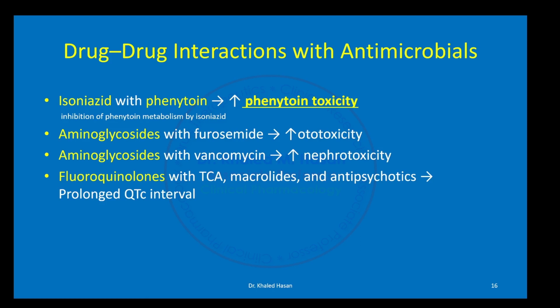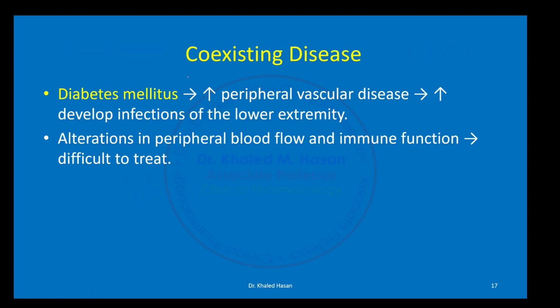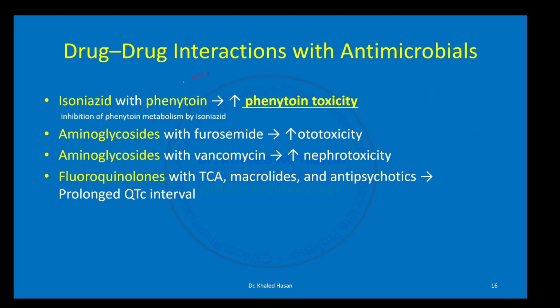If the patient suffers from epilepsy and is already on phenytoin, and needs isoniazid for infections such as TB, so the patient comes back to the clinic with a history of tuberculosis and you prescribe isoniazid, the drug-drug interaction between phenytoin and isoniazid will lead to increased phenytoin toxicity, due to isoniazid inhibition of phenytoin metabolism.